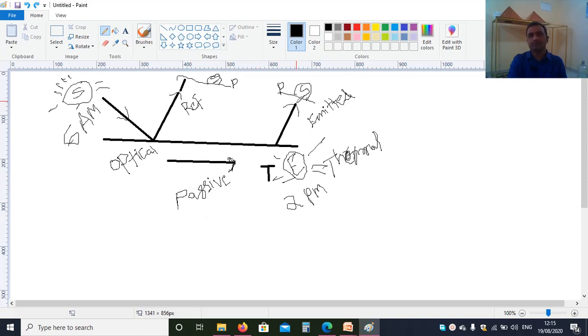In the same way, P is the platform, which means this is a satellite, and S is the sensor. The sensor is always on board inside the satellite, always capturing the radiation from the earth surface. When the sensor captures the emitted radiation, this is also called passive remote sensing.